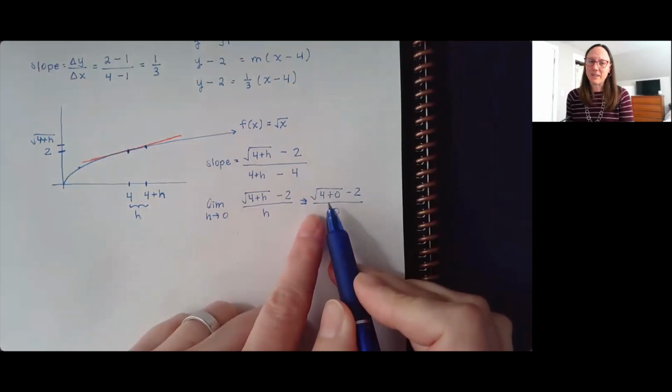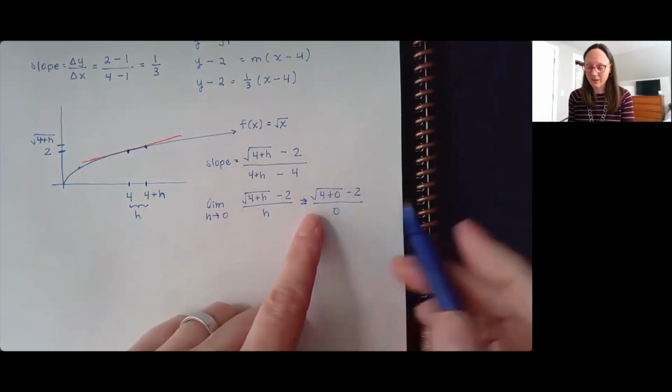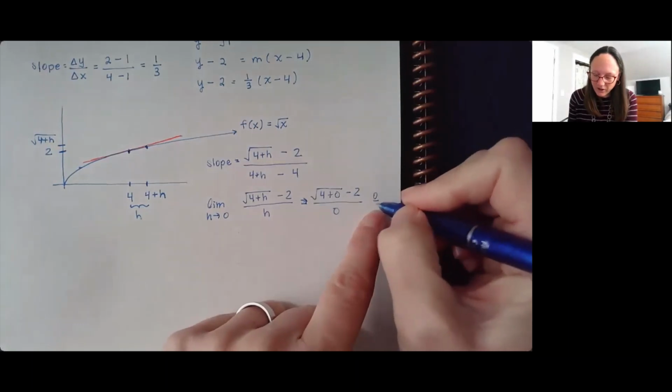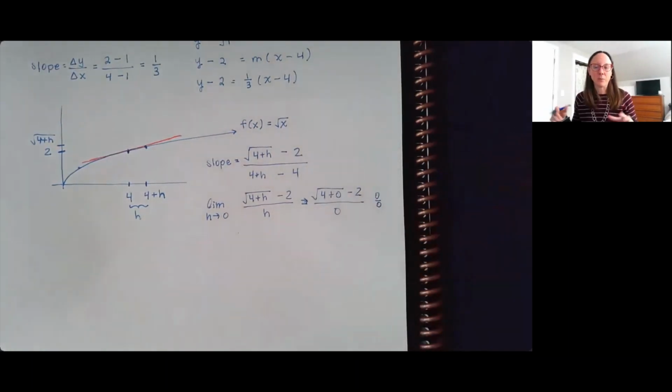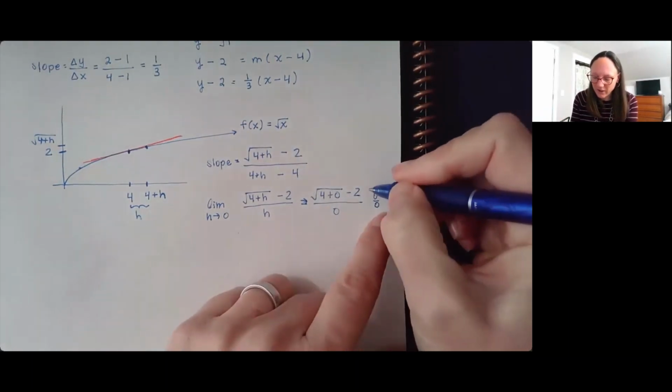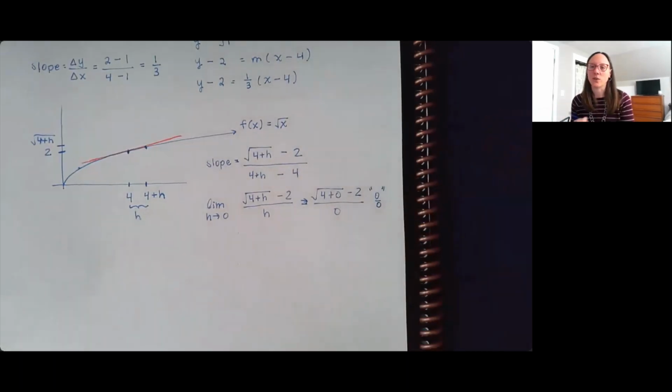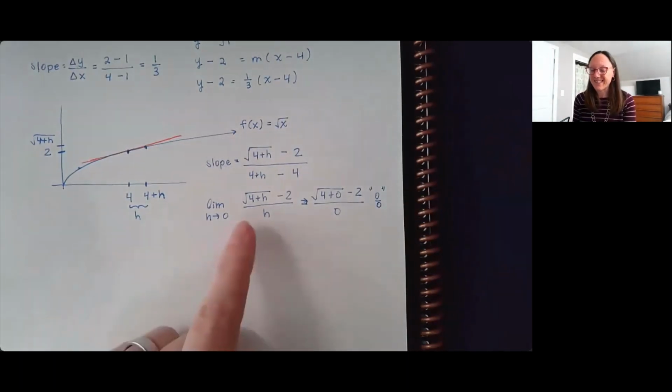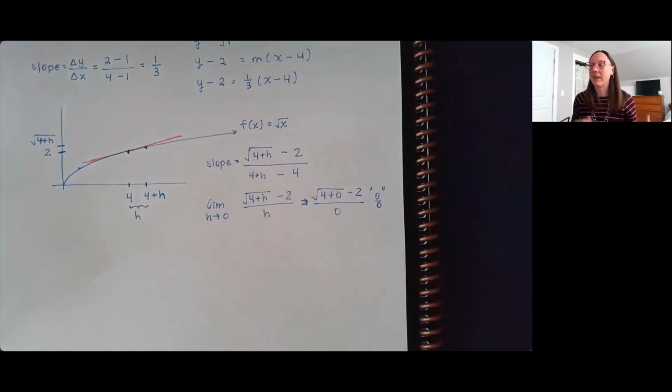When we do the arithmetic really quick, 0 plus 4 is 4, square root of 4 is 2, 2 minus 2 is 0, and I got 0 over 0. Just like any of our other limits, when we get 0 over 0, it is telling us to go do some algebra. Since I've got square roots, the type of algebra that I want to do is to multiply by the conjugate.